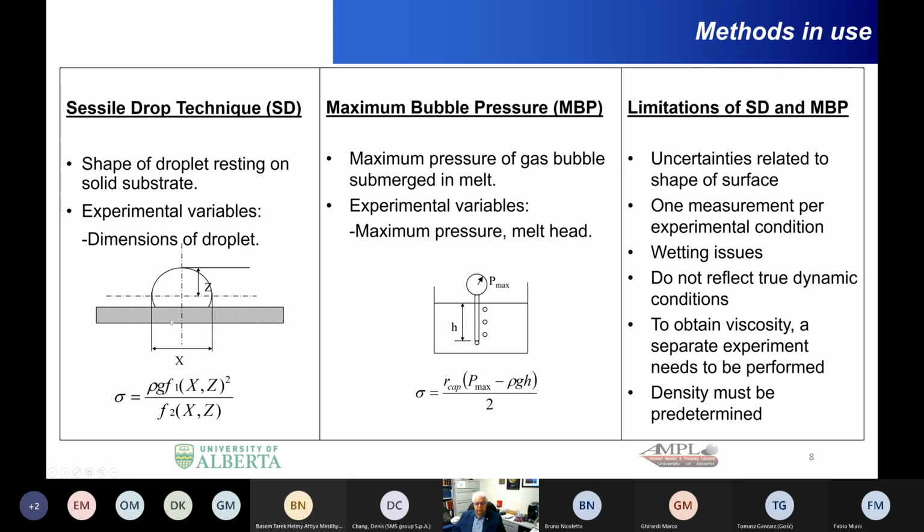Of course, the droplet starts off as a particle that has an oxide coating on it, and one has to remove that oxide coating. So there are lots of complications. Typically, these are one measurement per experimental condition. So you go through a bunch of bubbles coming out, and you get basically an average surface tension. And here, one droplet will lead to one measurement condition.